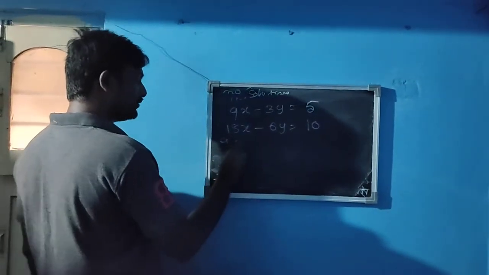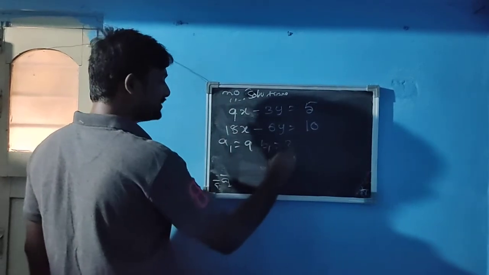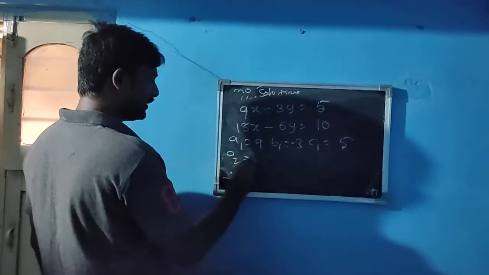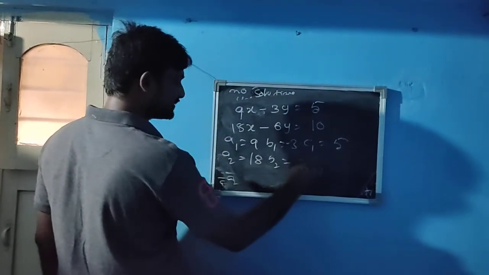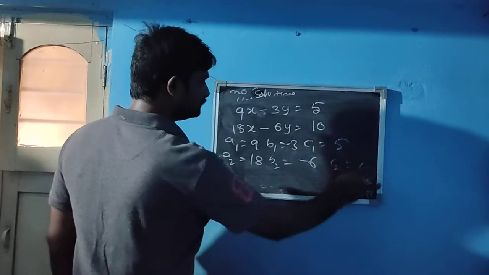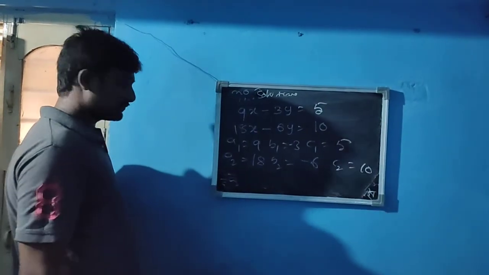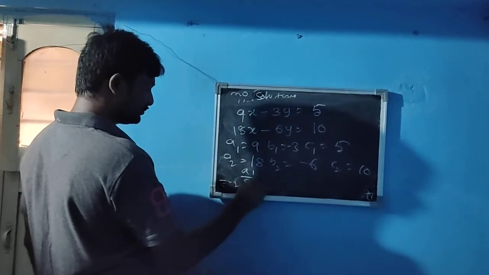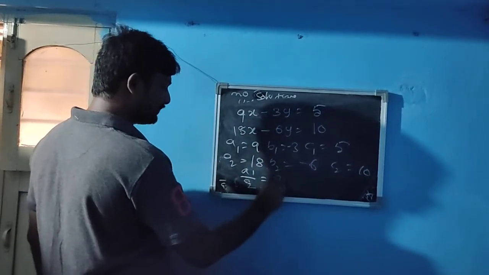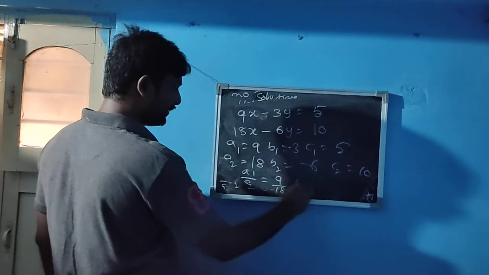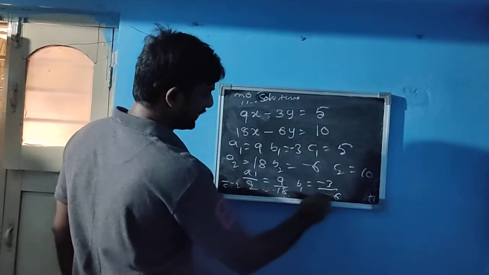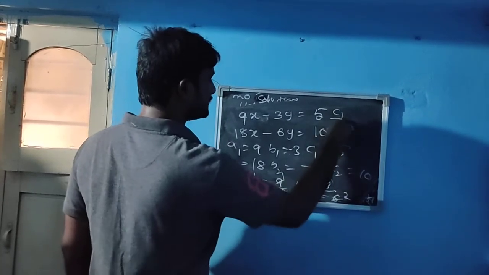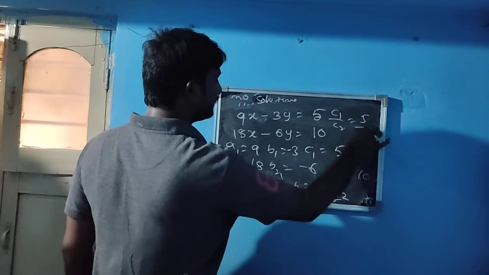In this one, a1 value 9, b1 value minus 3, c1 value 5, a2 value 18, b2 value minus 6, c2 value 10. So a1 by a2 value what? 9 by 18, b1 by b2 minus 3 by 6. Minus minus cancel, 9 ones are 9, 9 twos are 18, 3 ones are 3, 3 twos are 6, and c1 by c2 value 5 by 10, 5 ones are 5, 5 twos are 10.